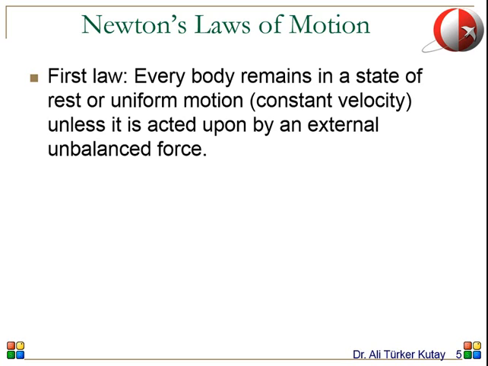If you have a chair, and no force is acting on that chair, and it is initially not moving, then it stays so, right? It doesn't move anywhere. Or if you have an object doing some uniform motion, moving along a straight line with some fixed velocity, and no forces are acting on that object, it keeps moving along that direction. It doesn't change that state. This is what the first law says.